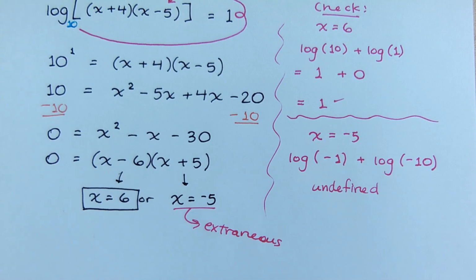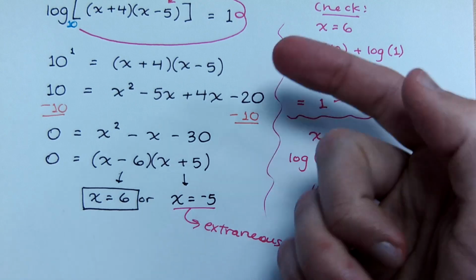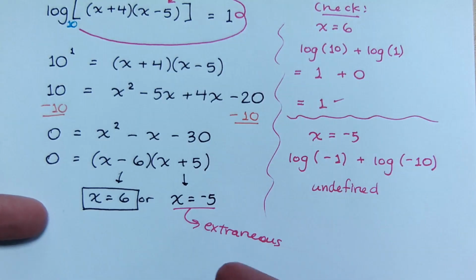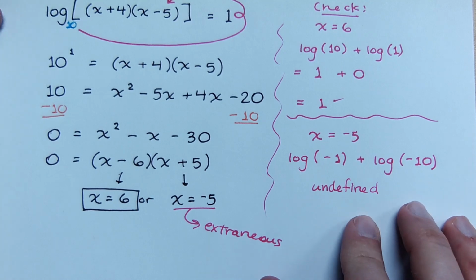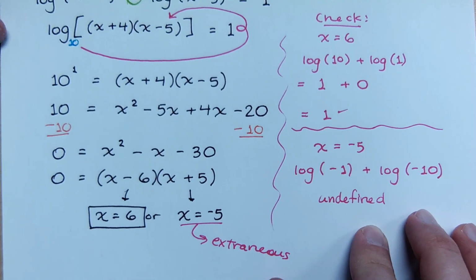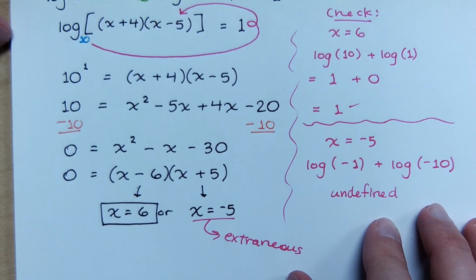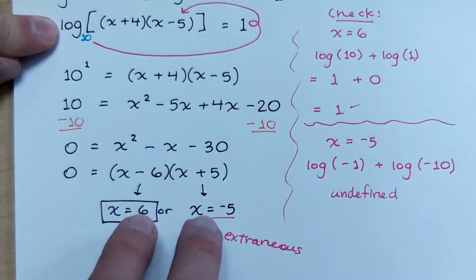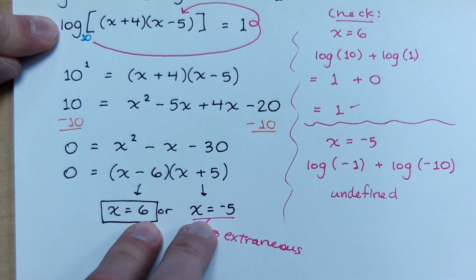We didn't do anything wrong. We did nothing wrong. We combined those logarithms. We rewrote this as an exponential equation, which led to something that's quadratic, and we factored and finished. Here's the thing. If the equation had started right here, right at the very top, both of these solutions would have worked.